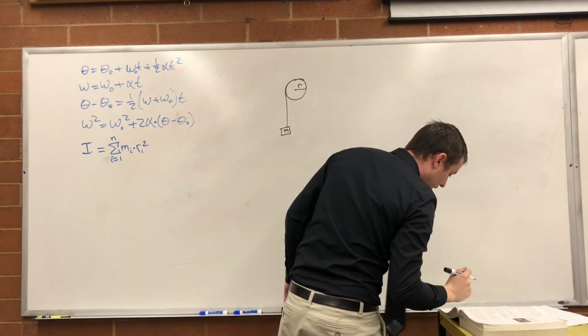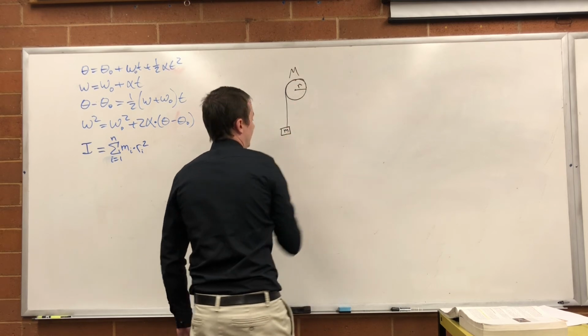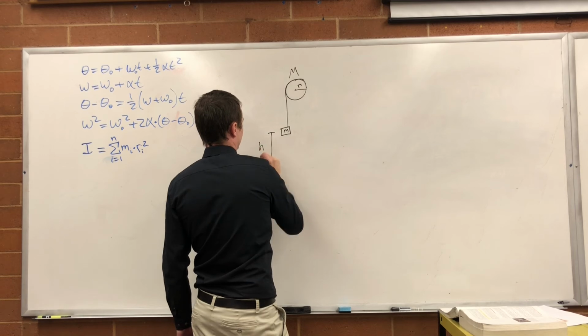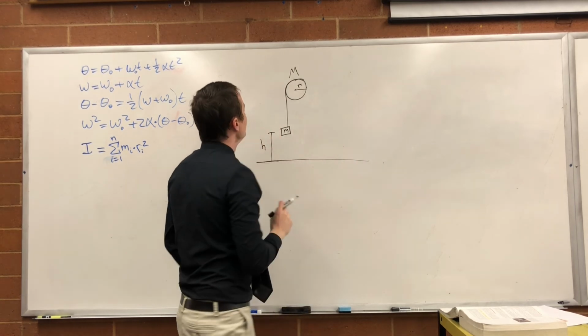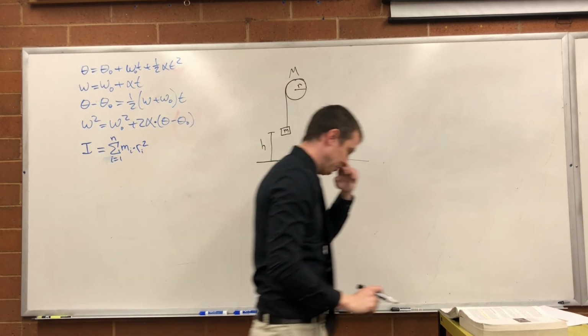And I think that the big wheel has mass big M. So this has mass big M, this has mass little m. It's held some distance h above the ground. And then we're going to let it fall, which is going to spin this thing, and we're going to calculate some speeds of things, I'm guessing.